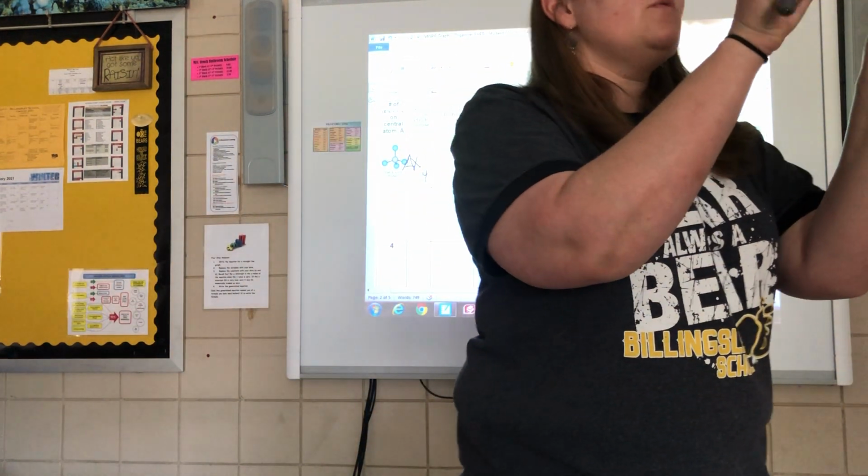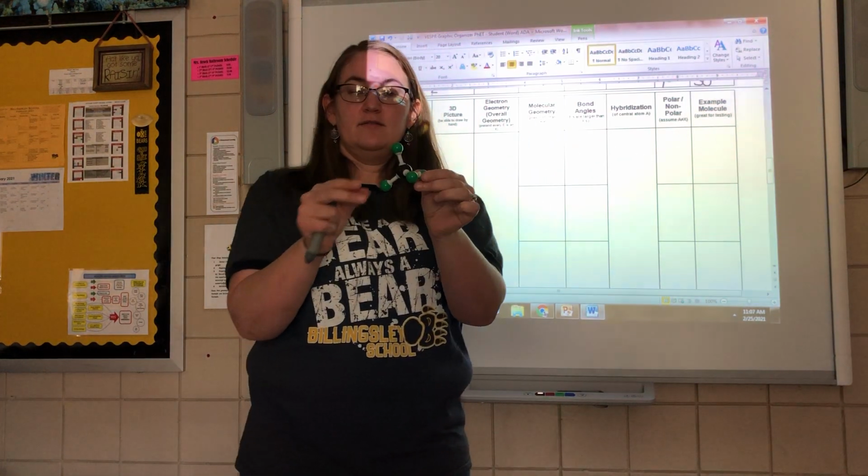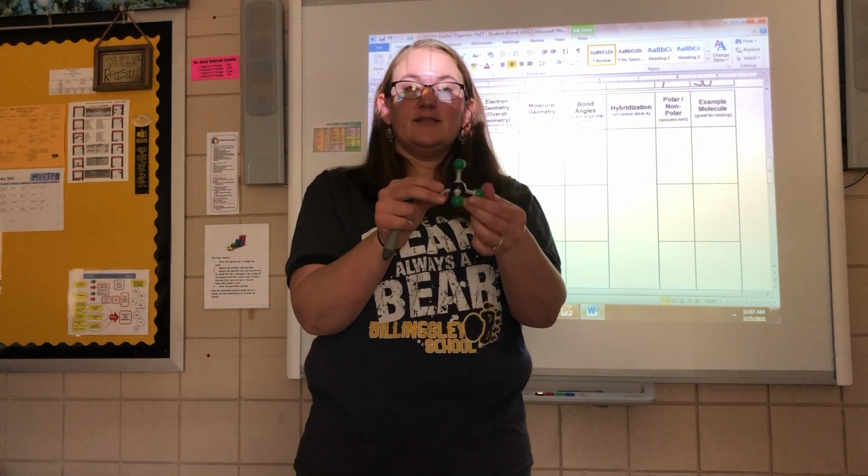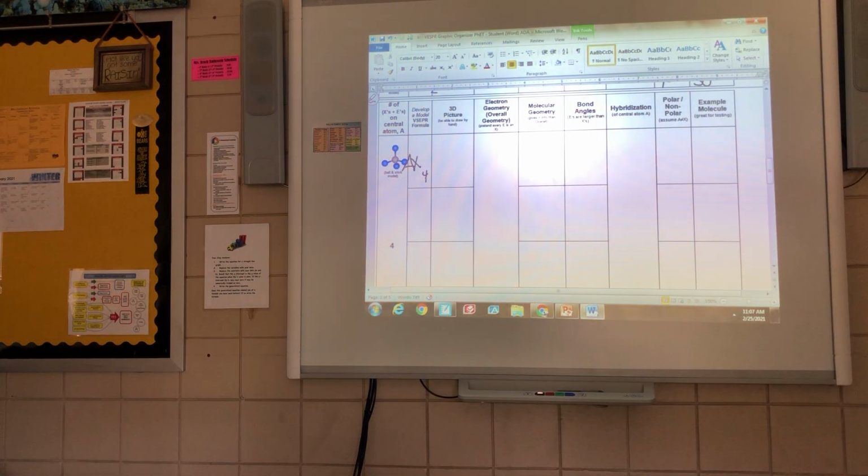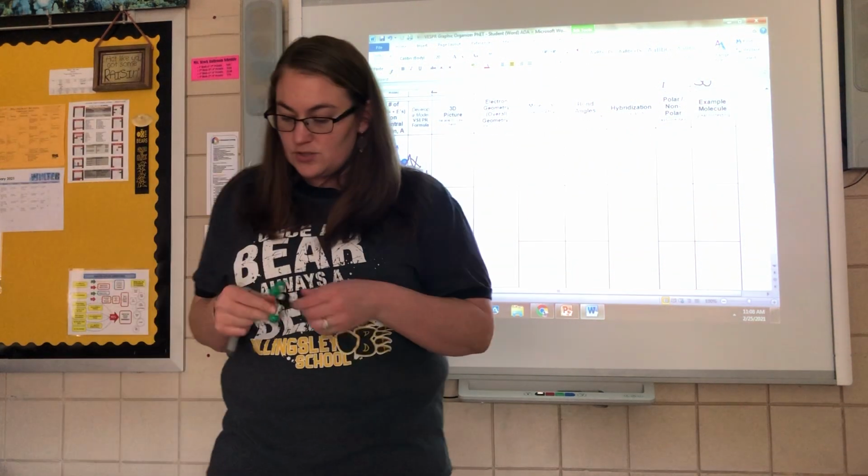And if you look, no matter which way you turn it, they're all spaced evenly, correct? It doesn't matter which way I turn it, it's the same shape and the same spacing. Okay, so let's look at what the 3D picture would look like.